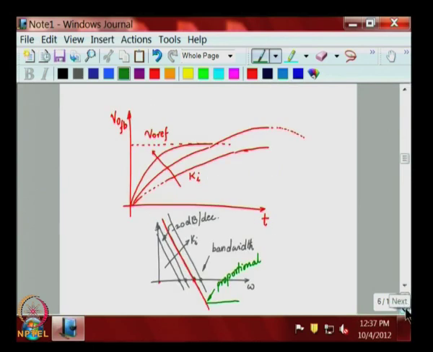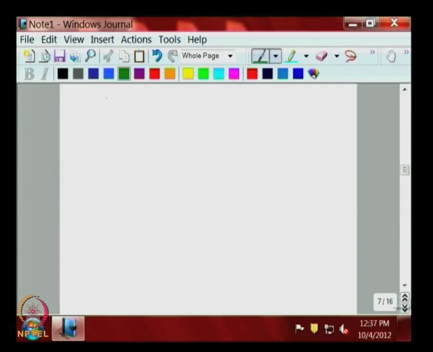Then next, start increasing Kp value from 0.